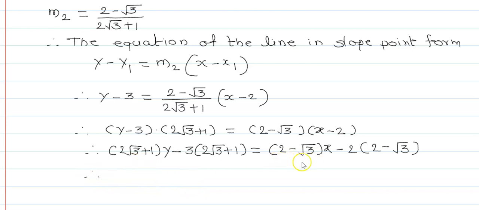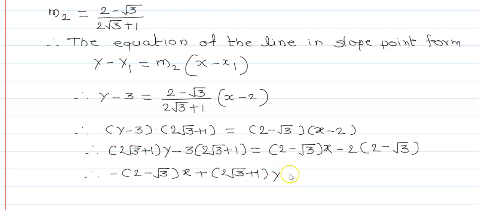Therefore, if we shift this term to the right hand side, it will become minus 2 minus root 3x plus y. First we write here plus 2 root 3 plus 1 into y.